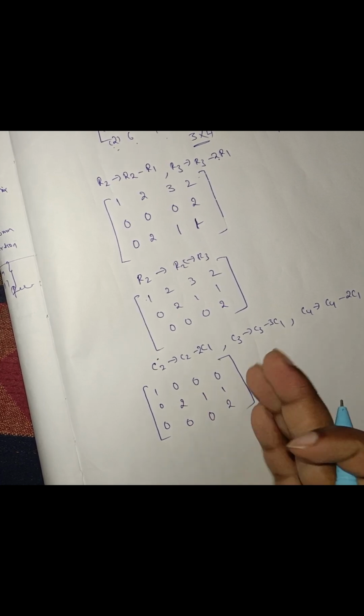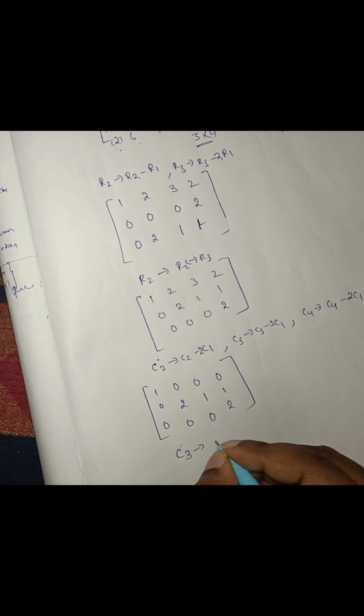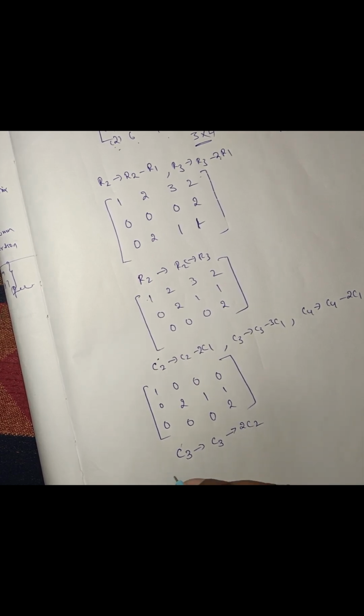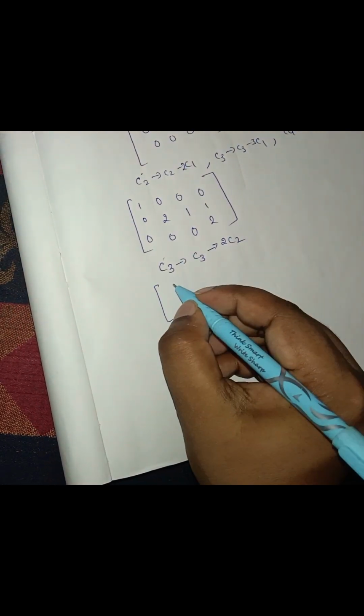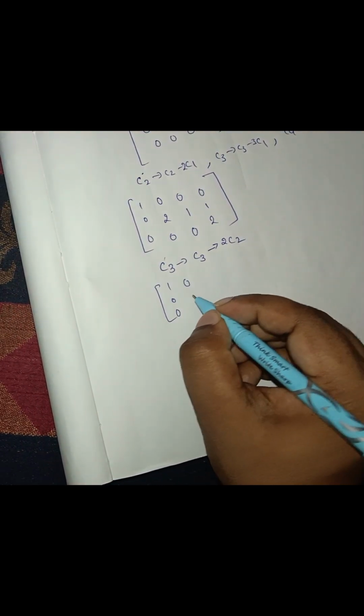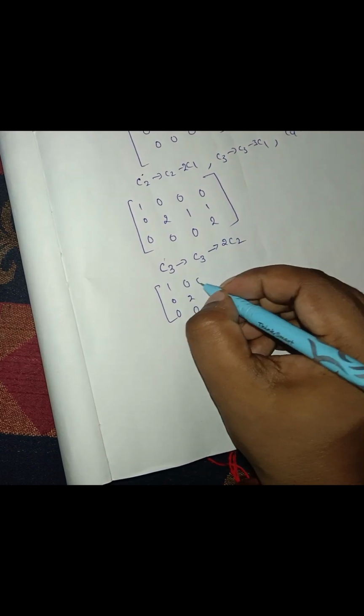Now I'll make this as 0 first, either this or this. C3 tends to C3 minus 2C2... so what is the remaining? 1 0 0 0, 2 0, 0 minus 1 minus 2.